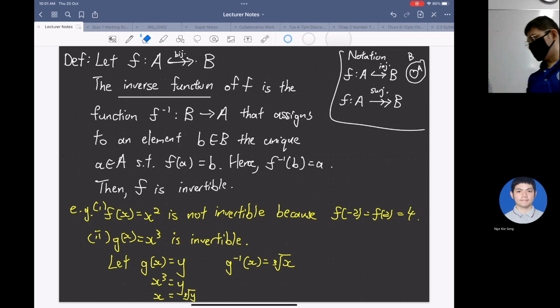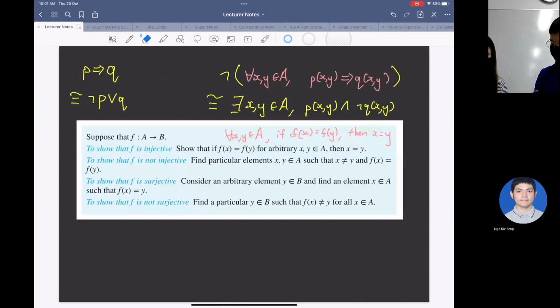At most one. Also can be zero. Yeah, also can be zero. So if this is just zero, that's zero.